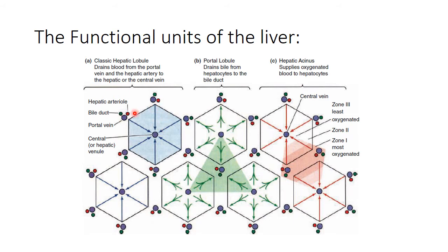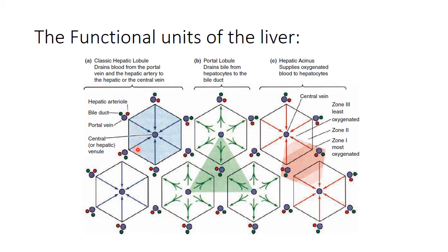In this method of explaining the histology of the liver, we have the central vein in the center. The zone of hepatocytes immediately near the central vein is called the centrilobular area. The middle area is called the mid-zone, and the periphery is called the periportal area.